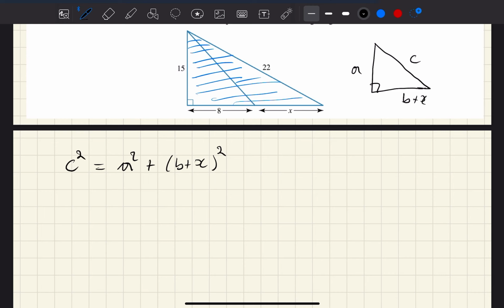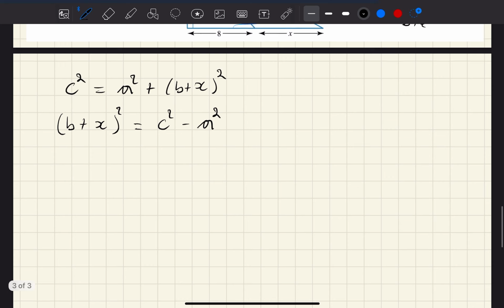We have the value of A and we have the value of C, so that will be good, because then we can rearrange: (B plus X) squared is equal to C squared minus A squared. And from here, B plus X is going to be the square root of C squared minus A squared.